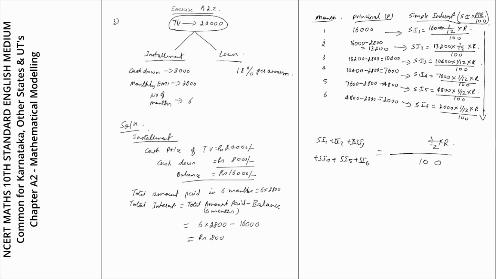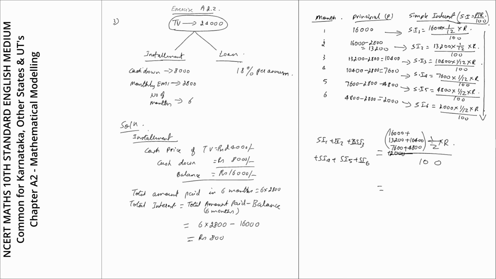So I'm left with 16,000 plus 13,200 plus 10,400 plus 7,600 plus 4,800 plus 2,000.